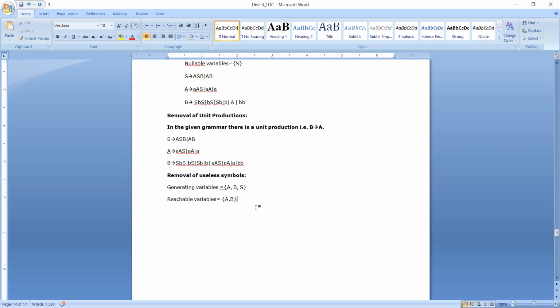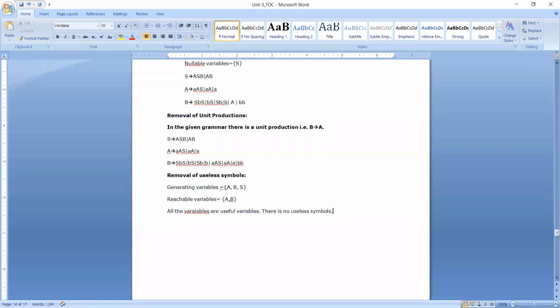Now from this we can say that all the variables are useful variables. Hence, there are no useless symbols or useless variables.